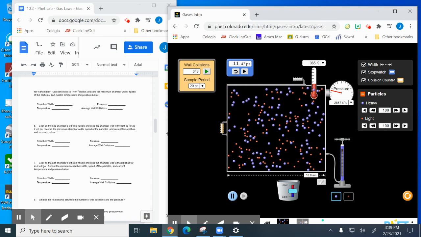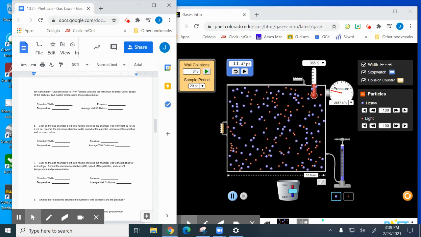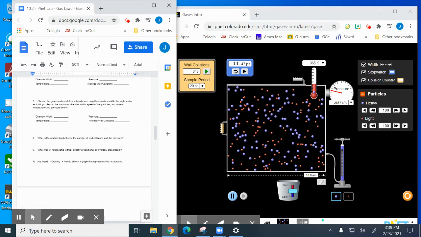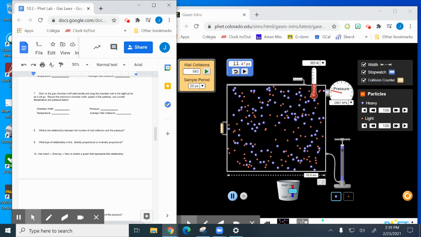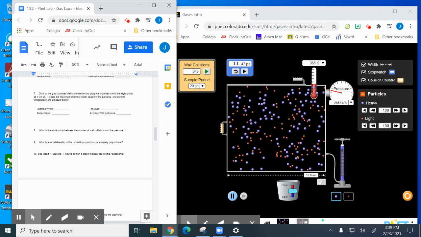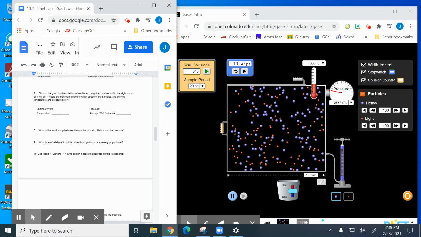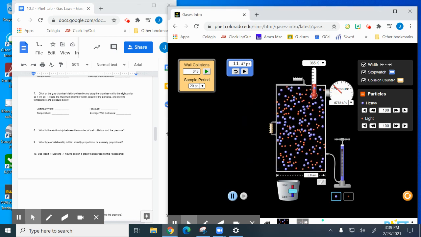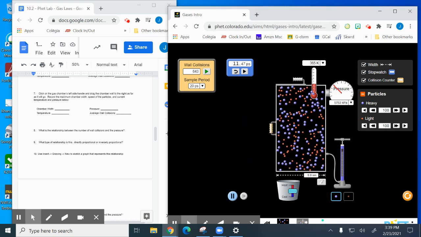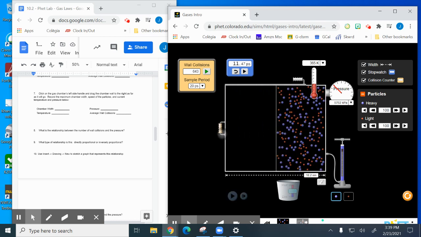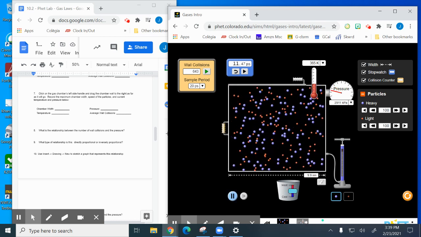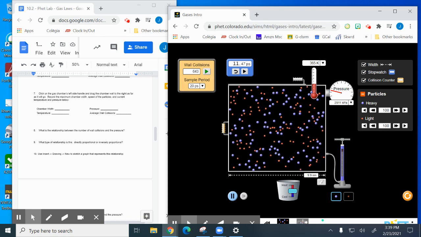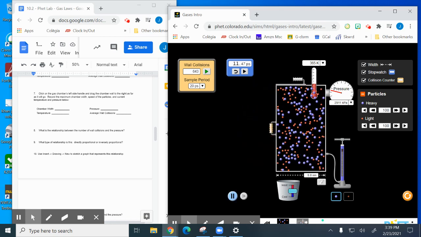So that's the temperature. Then it says, click on the gas chamber's left-hand wall and drag it as far to the right as it'll go. Now we're going to close it way up, and it goes down to 5 nanometers. Notice the pressure went up. At 10 nanometers, the pressure is 2,911 kilopascals.